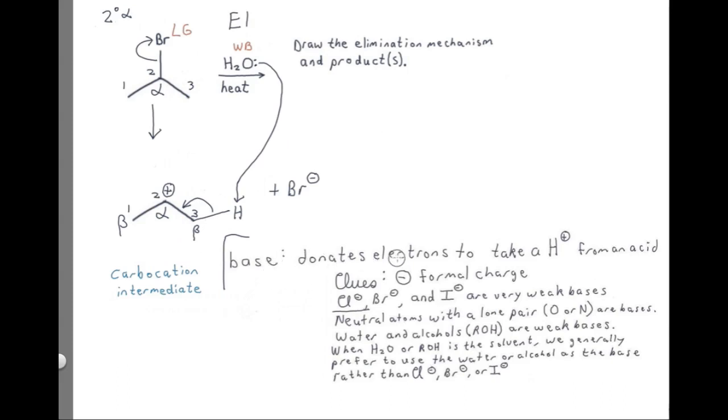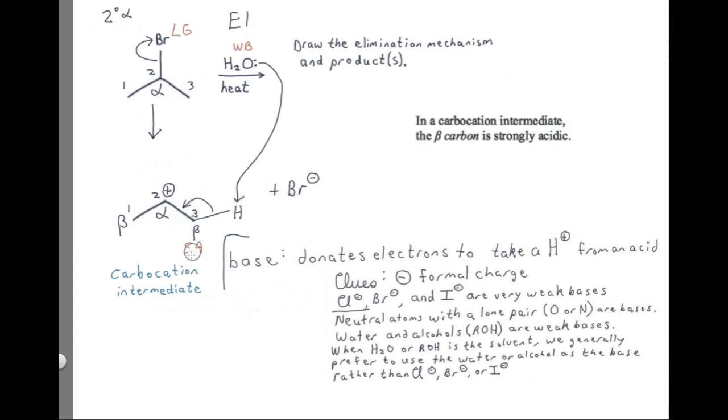A base donates electrons to take a proton from an acid. So this base goes at the beginning of the electron pushing arrow to show that it's donating electrons to take this proton. Therefore, it's convenient to say that this beta carbon is the acidic atom. I'm going to call this beta carbon the acidic atom because this is the one that's donating the proton.